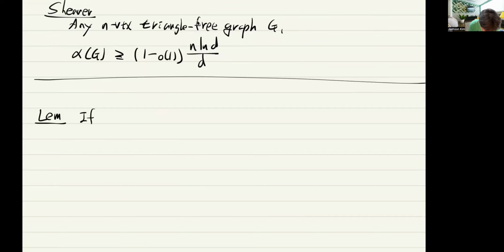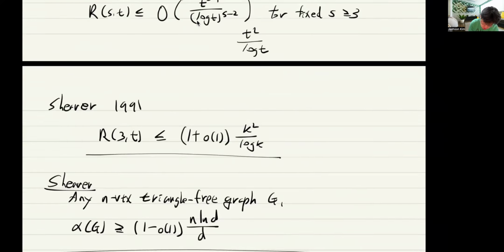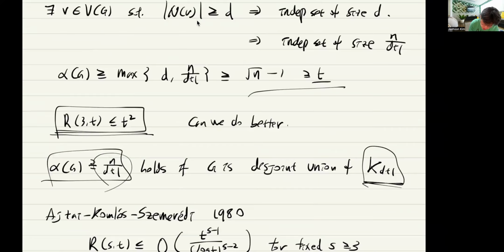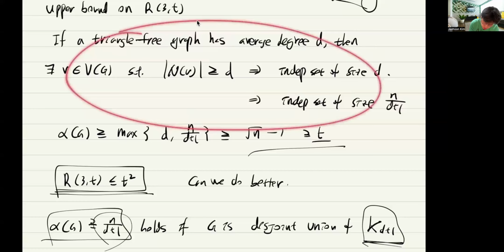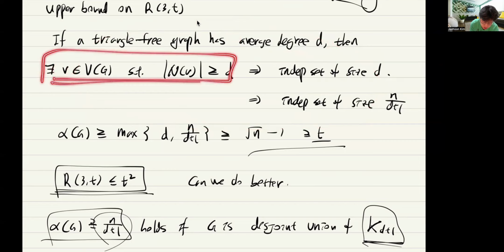So if this is an n-vertex triangle-free graph with, say, maximum degree d. When we apply these results to the Ramsey number here, instead of every degree, you can write it as a maximum degree because you still find such a vertex.